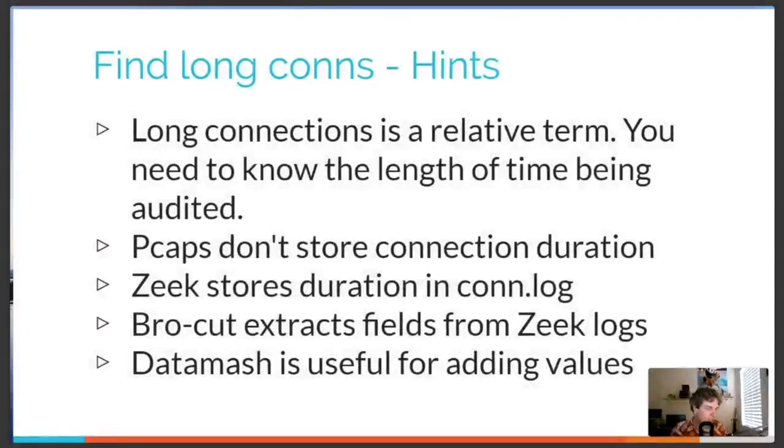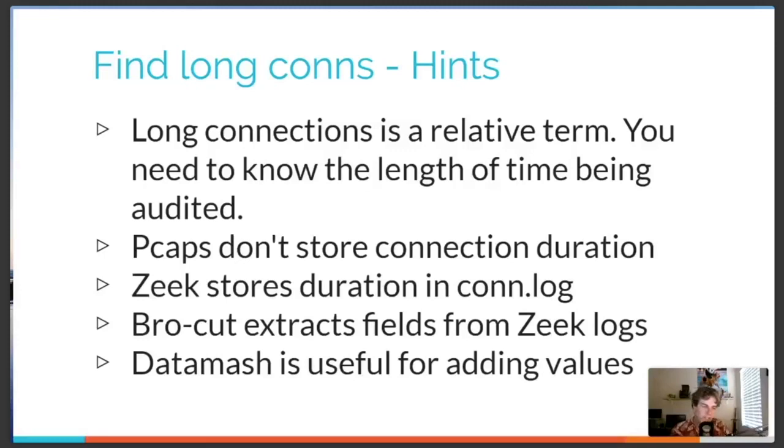Now, long connections is a relative term, meaning that I may go in there and see a bunch of 1 hour connections. That's not too bad. Well, if I look at the PCAP file and I see that I only have a 1 hour packet capture, that means it was there the whole time. You're right, that's not that long, but that doesn't necessarily mean any of those are safe.